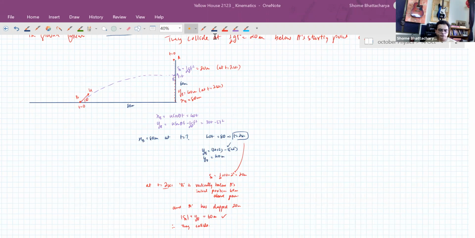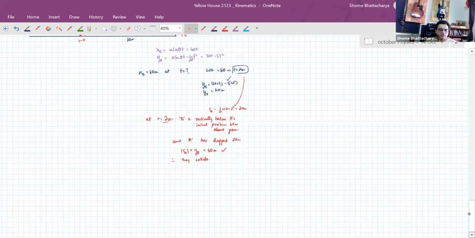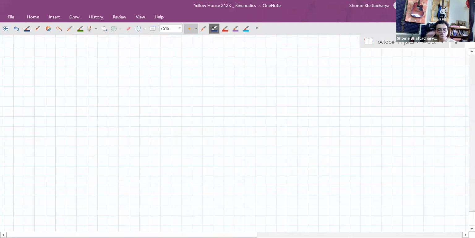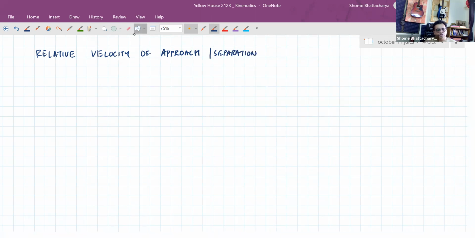Now let's move on to one final concept as part of relative motion, and that is the concept of relative velocity of approach or separation, as may be the case, between two objects.